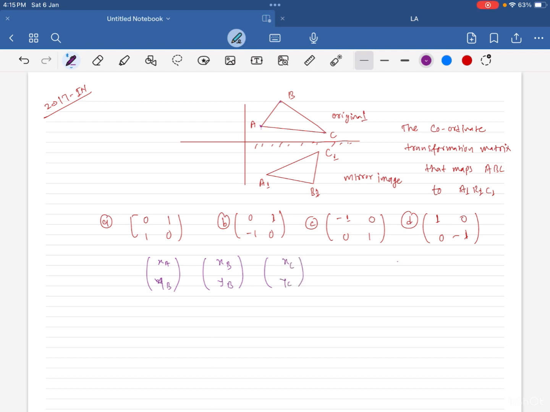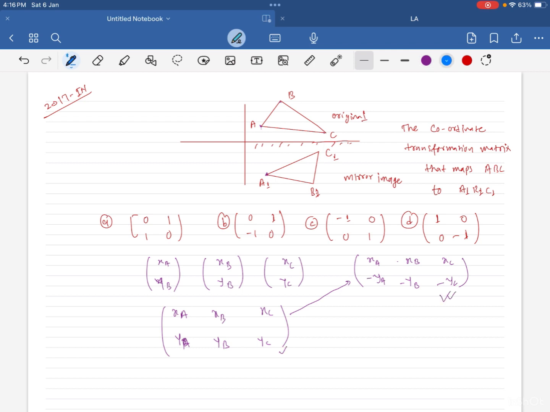You can put it in a matrix: XA, YA, XB, YB, XC, YC. And if you look at the mirror image, the X is still positive and the changes are in the Y coordinate for all of A1, B1 and C1: XB and YB, XC and minus YC, right? So what matrix will transform this matrix to this matrix?